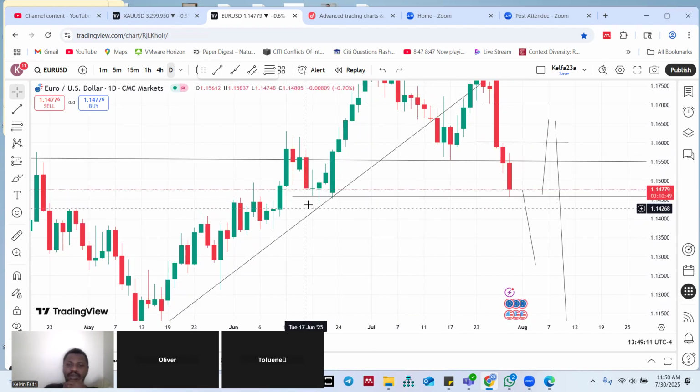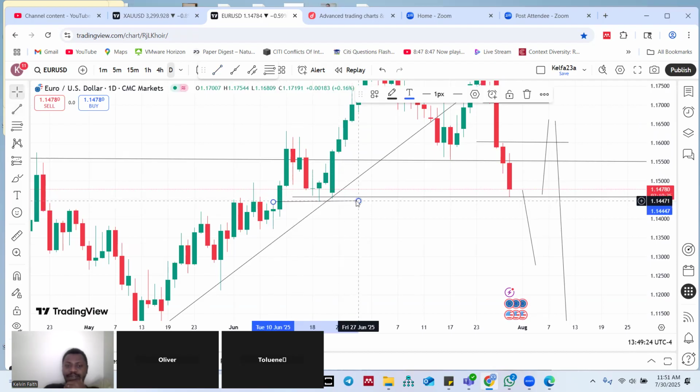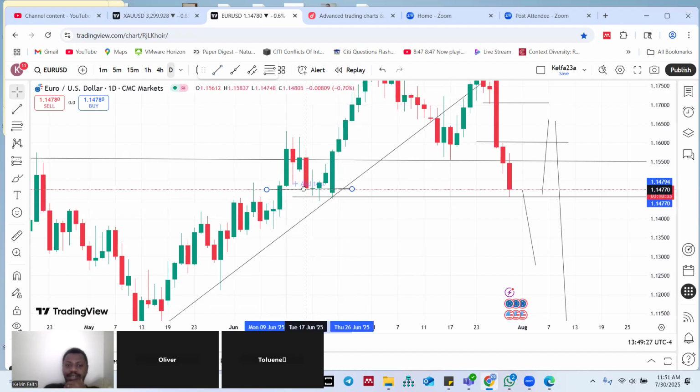So let's notice on the left side here, around this swing low, we had a fair value gap that price traded into before it pushed to the upside. Already mitigated. But below it is liquidity and an order block. So this is consolidation, a lot of liquidity here, and then an order block.